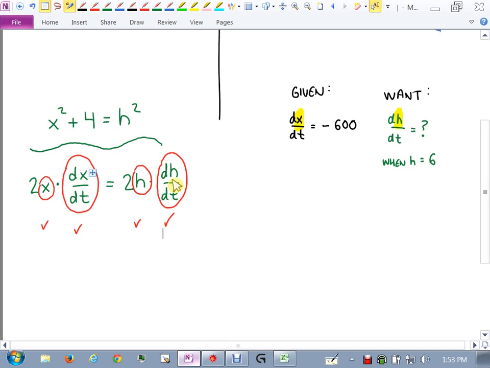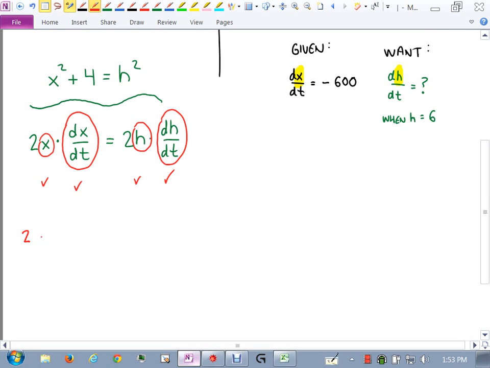Now it's just a matter of plugging things in, grinding out the answer. Don't look at dh dt like a fraction. Look at it as just something we're solving for. All right? So let's replace everything. This is 2 times root 32 times dx dt, which was negative 600, and then equals 2 times h, which was 6, and then dh dt is what I'm going to try and isolate now. So I'm going to try and solve this, get this right here on one side of the equation by itself.